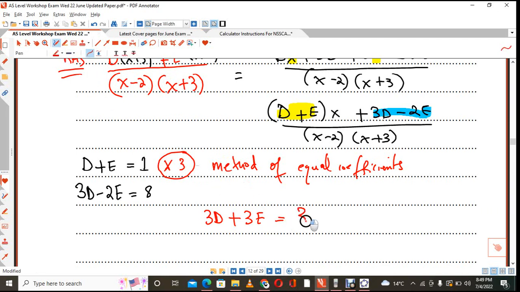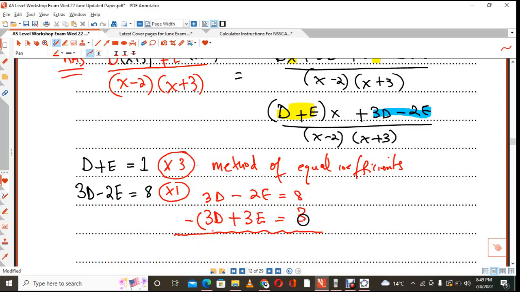Okay, good. Well, this one here I just multiply by 1, so it's going to be 3d. Now, it doesn't matter. I'm just going to write it on top, okay? So it's 3d minus 2e equals 8. It doesn't matter which one you put where, okay, as long as you eliminate.